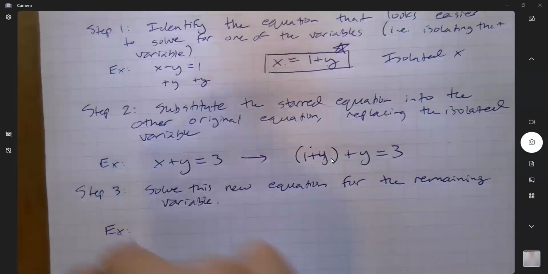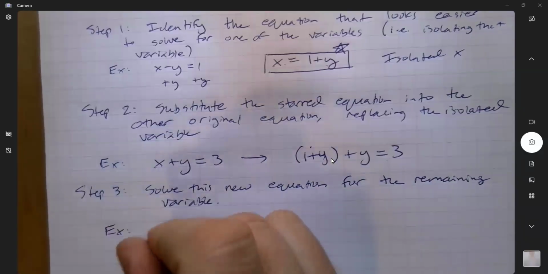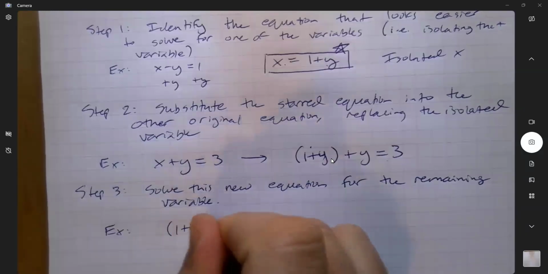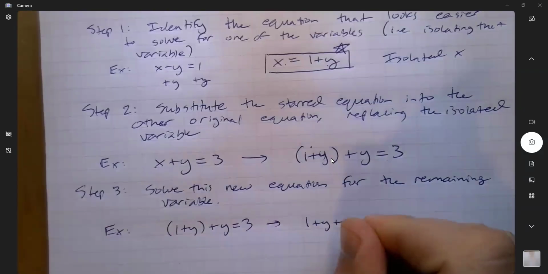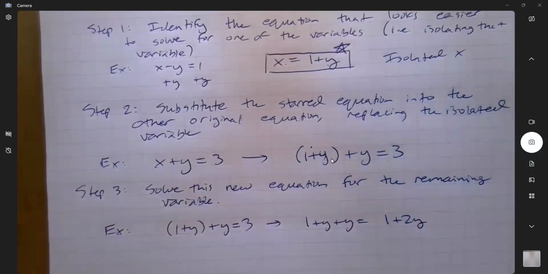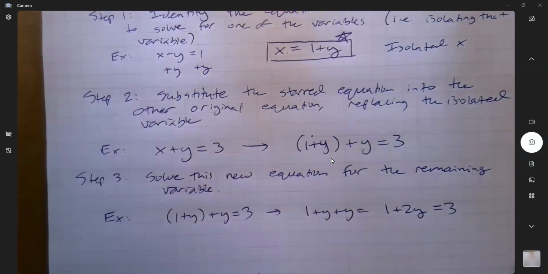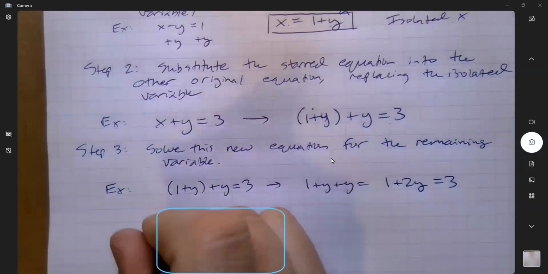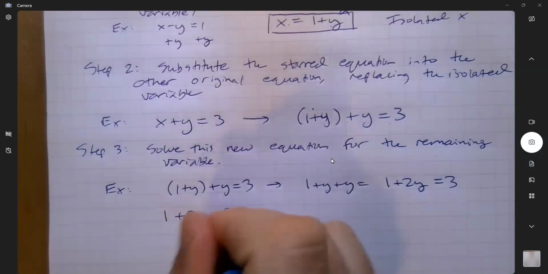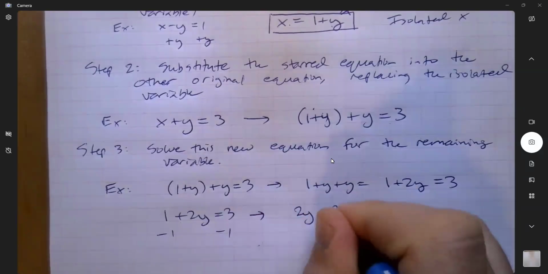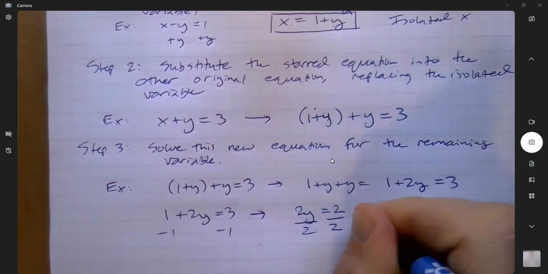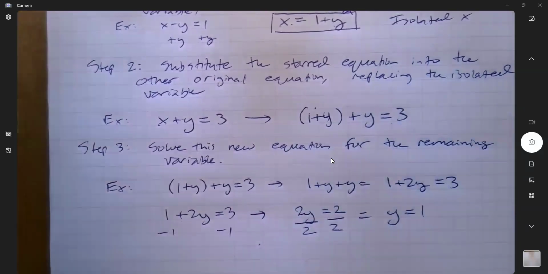And single variable equations, we have the tools to solve. 1 plus y plus y equals 3, which is 1 plus 2y equals 3. I subtract 1 from both sides, I get 2y equals 2. I divide both sides by 2, and I get y equals 1.